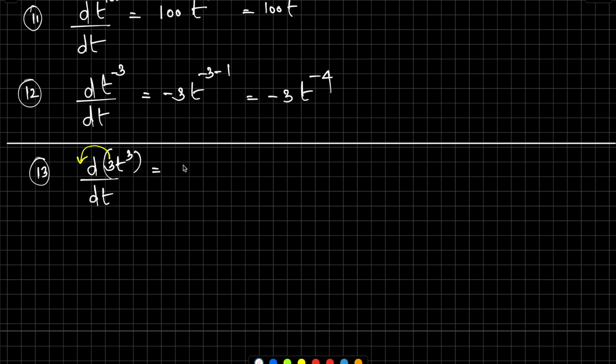So if you take the constant outside, 3, then d by dt of the variable, t cube. So 3 times t cube is 3t to the power of 3 minus 1, which is 3t square. So 3 times 3 is 9, 9t square.